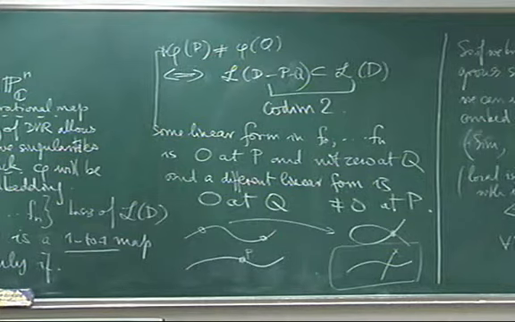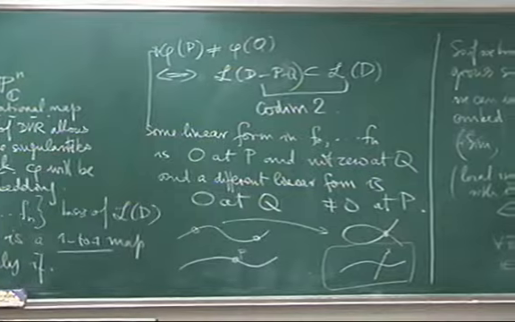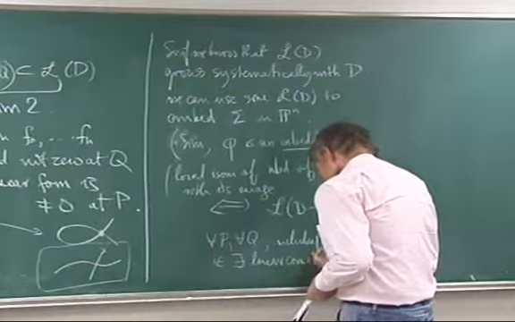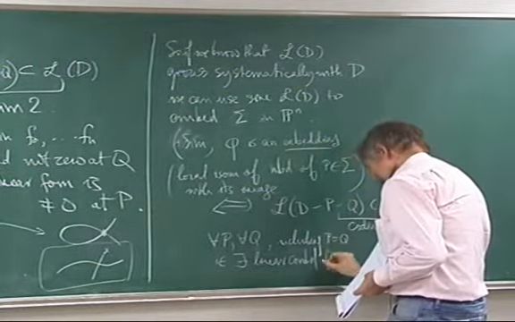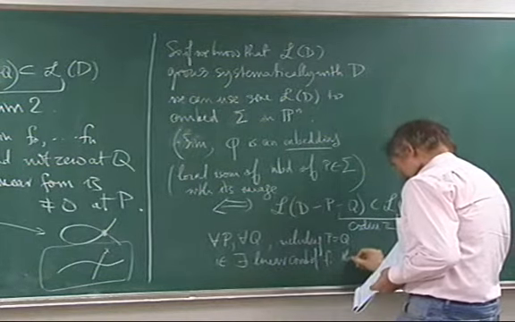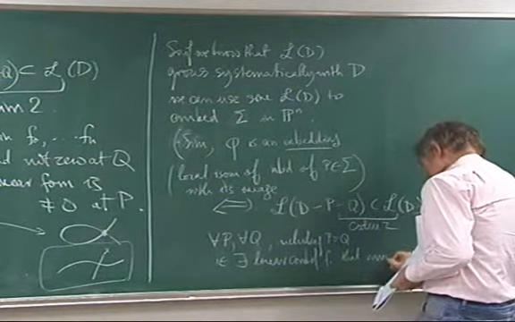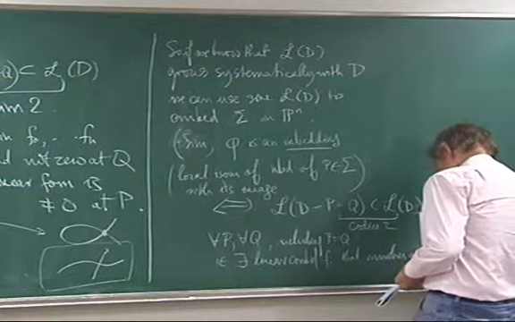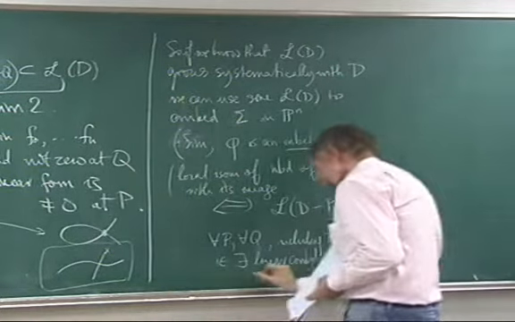Right. So this means that there exists a linear combination of the fi's that vanishes at p to order 1.